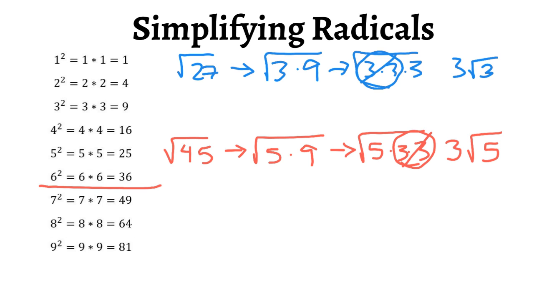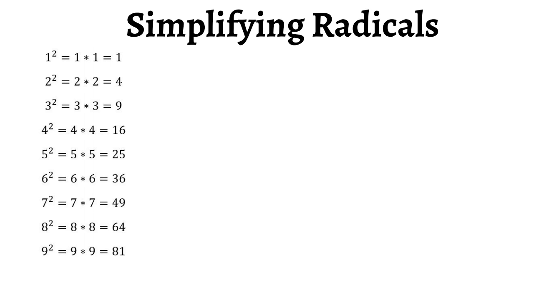All right, let's try some more. Let's say that we're dealing with the square root of 32. 32 is an even number, so I can divide it by 2. That is 2 times 16. Feel free to use your calculator for this part if you're trying to divide things by 2. Now 16 can be broken down even further.